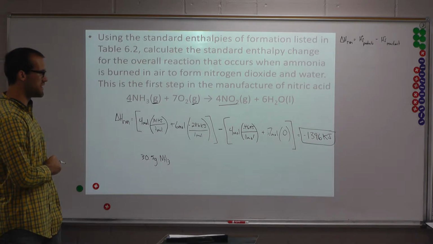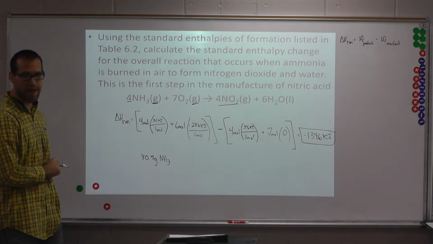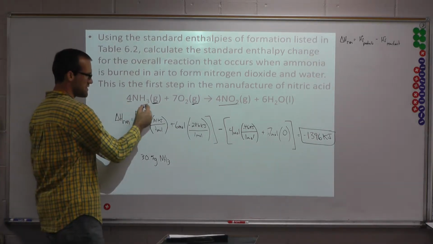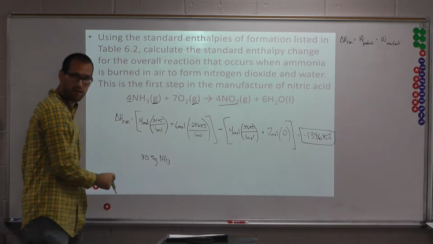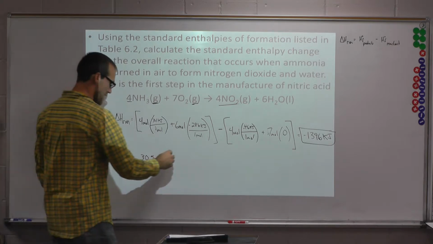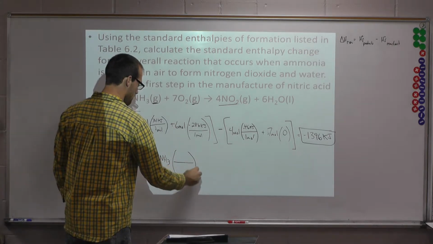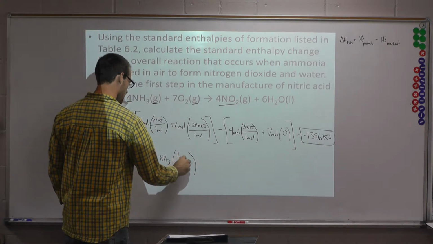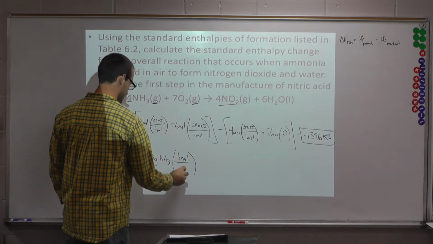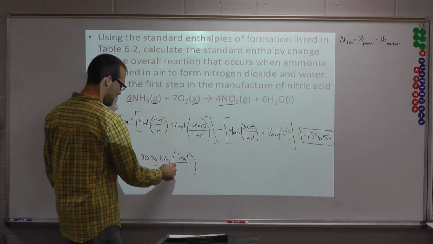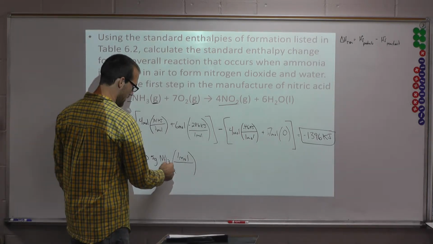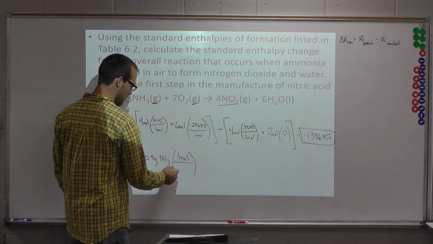How much energy would be given off if I only had this and I had an excess amount of the other reactant? So this is the limiting reactant. Does that make sense? You would take this and convert it to moles, and then plug it into what we just did. You'd use the negative 1,396 over 4, and the molar mass of NH3 is 17.04.